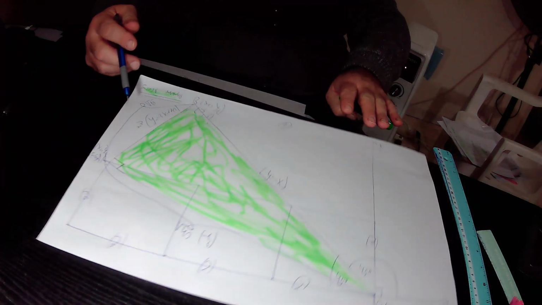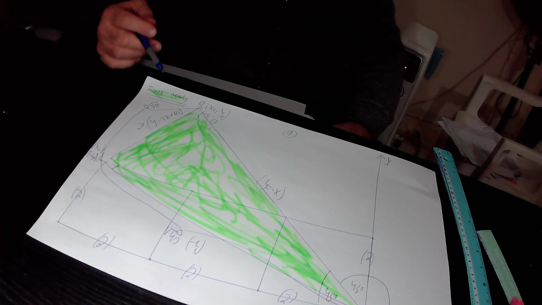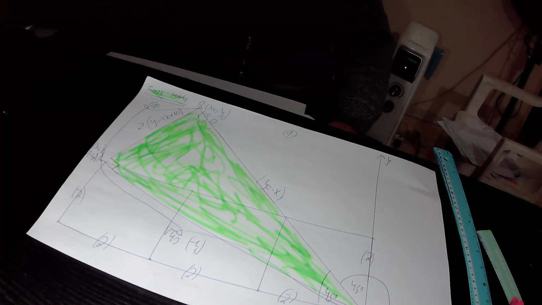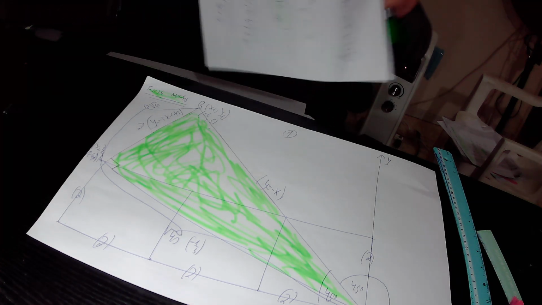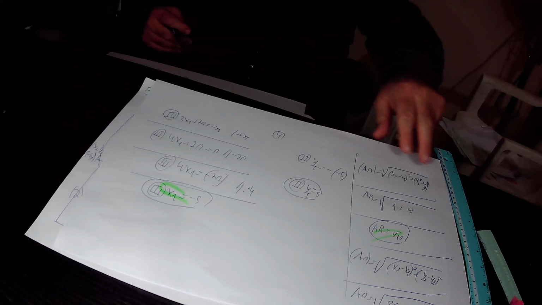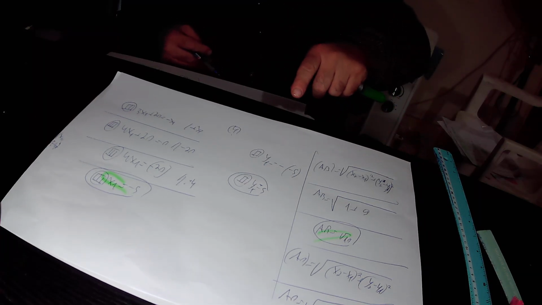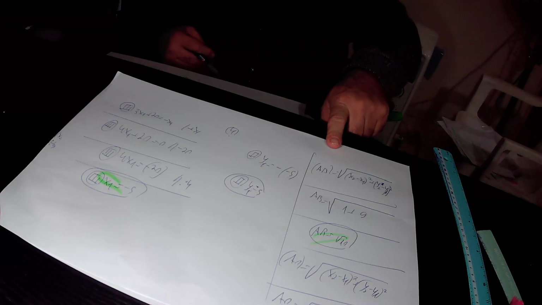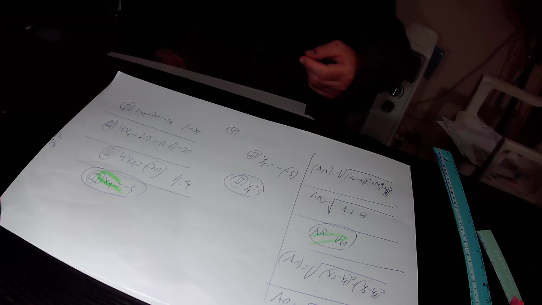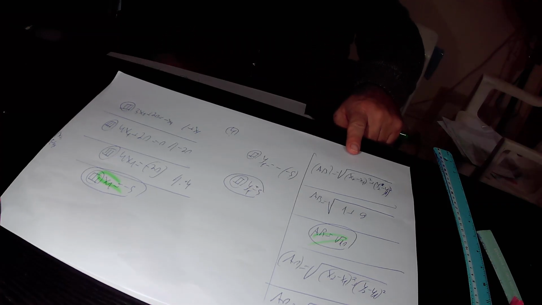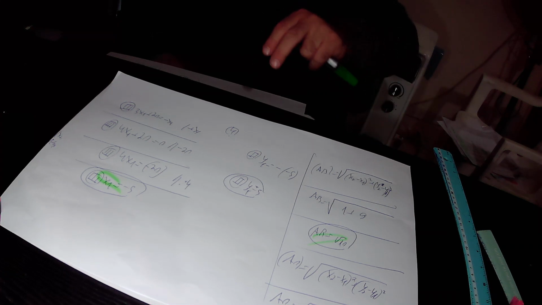We have to find the distance between points A and B. And we have the formula that says the distance between any 2 points equals the square root of (x2 minus x1) square plus (y2 minus y1) square.